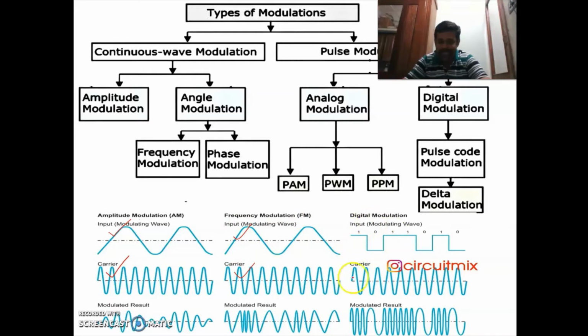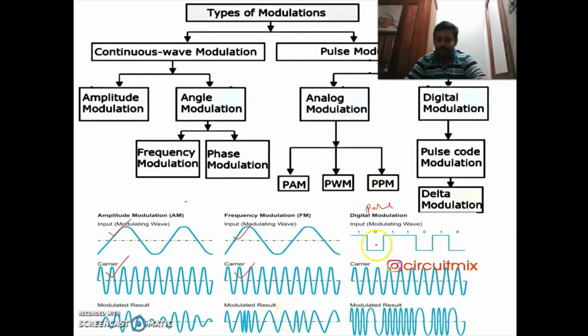Now come to digital pulse modulation. In digital pulse modulation, the modulating signal is a pulse and the carrier signal is an analog signal.